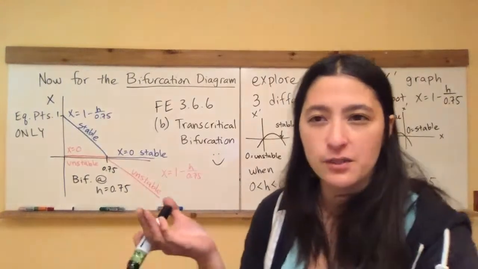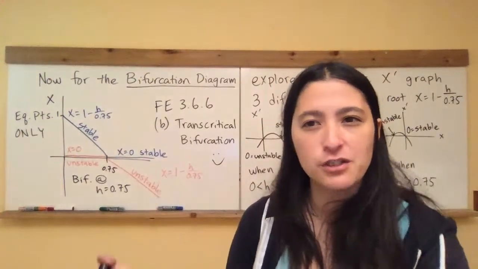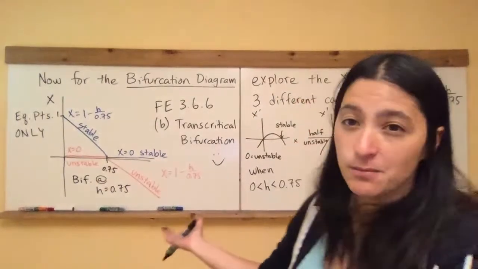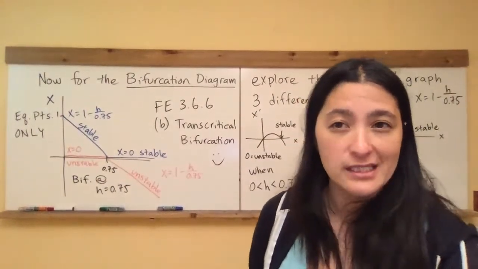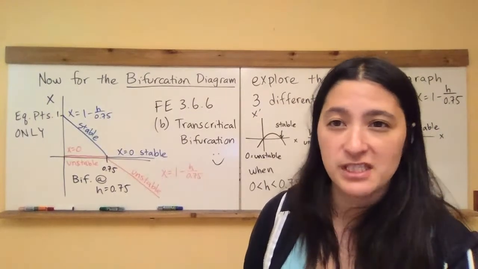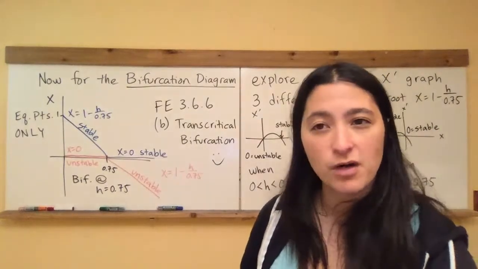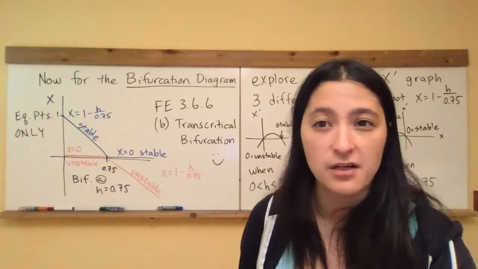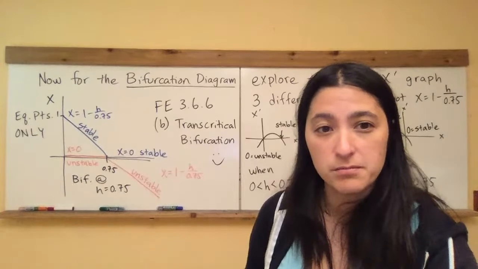That's right. It's a transcritical bifurcation that occurs when h is equal to 0.75. And just as a side question to you all, what's special about 0.75? I mean, I know it's the bifurcation point, but what is the value 0.75? What is that representing? As we go back and read through the problem, that was actually a special value in the opener of the problem.